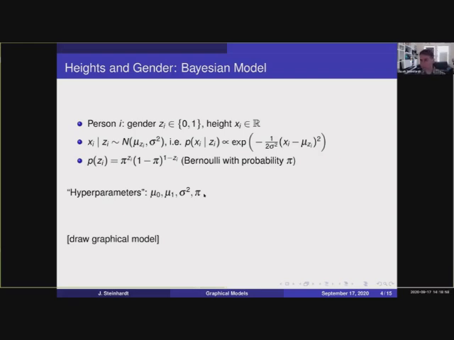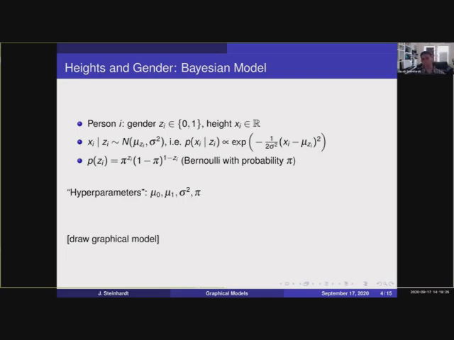Sometimes you just already know what they are. Sometimes you'll fit them to data. Sometimes you'll actually just specify a prior over them and then sample from that prior. But for now, just keep in mind there are these hyperparameters we have to deal with. So this is a model we could use to talk about this height and gender example.